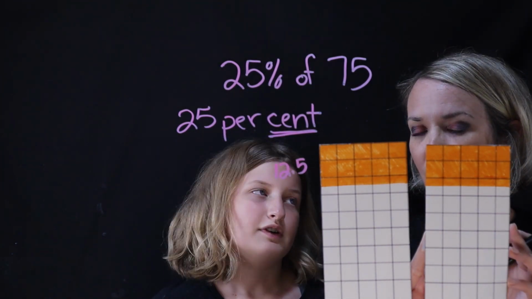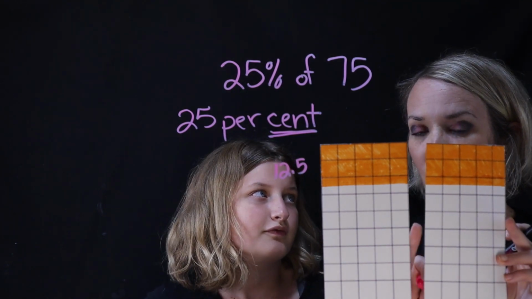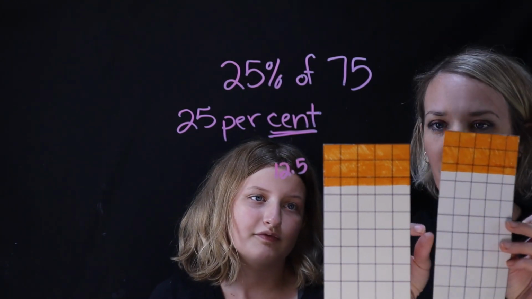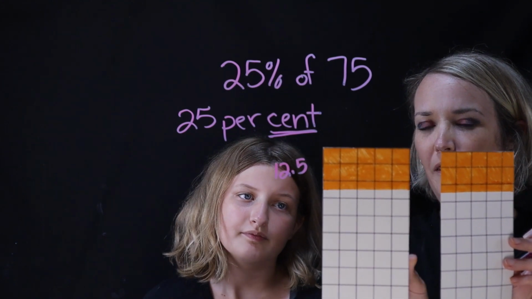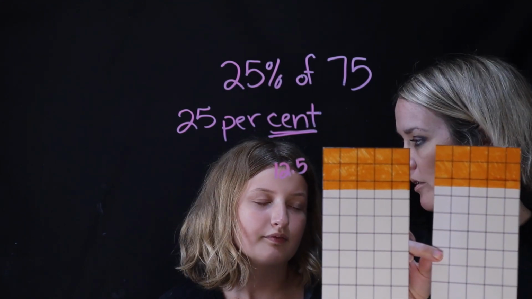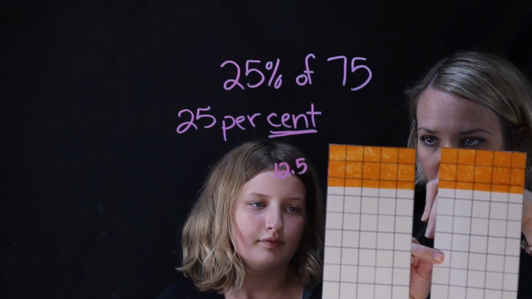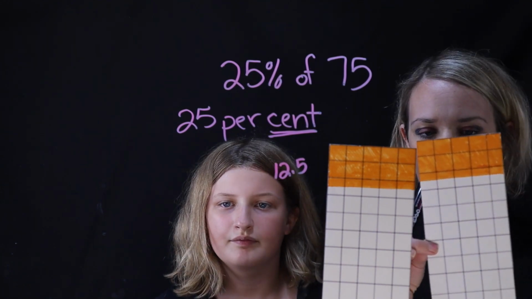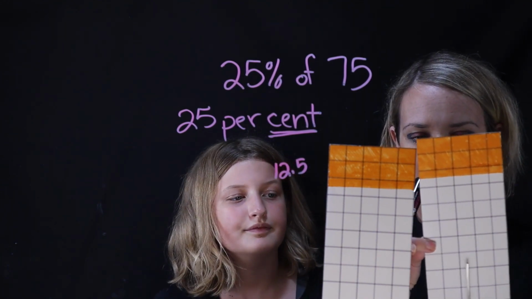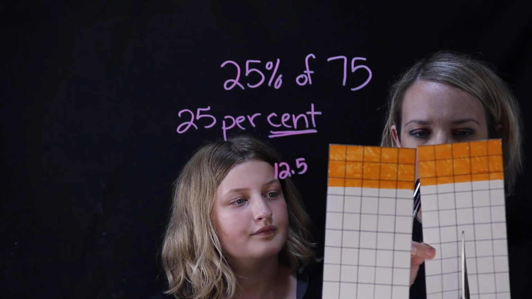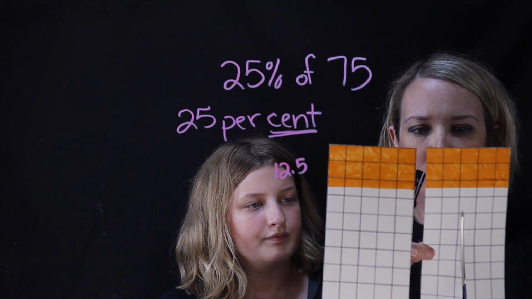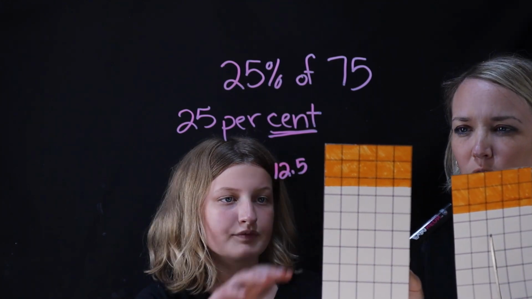Or half of 12.5. Oh, okay, so I see. So you're going to take this one, and you're going to take half of this one to get the 75. Okay, so let's just cut this one in half then. Can you hold this one for me? Sure.